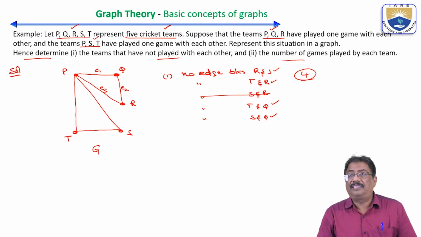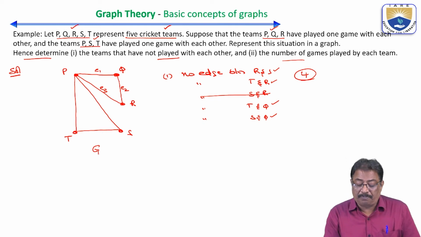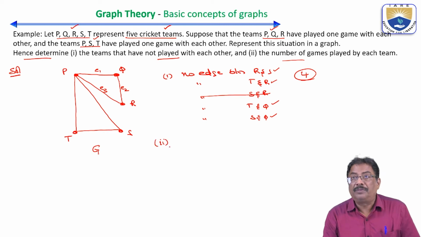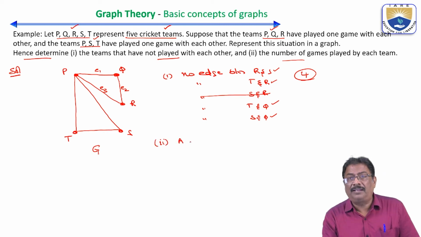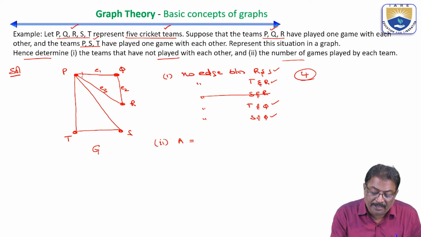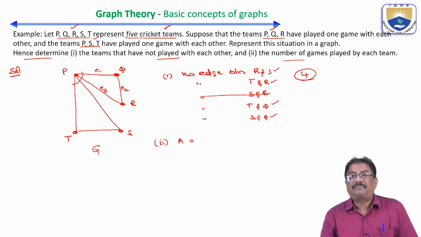So 4 teams have not played with each other. Then here the second one is the number of games played by each team. The number of games played by A is nothing but the degree of that vertex. So here A played 4 matches.